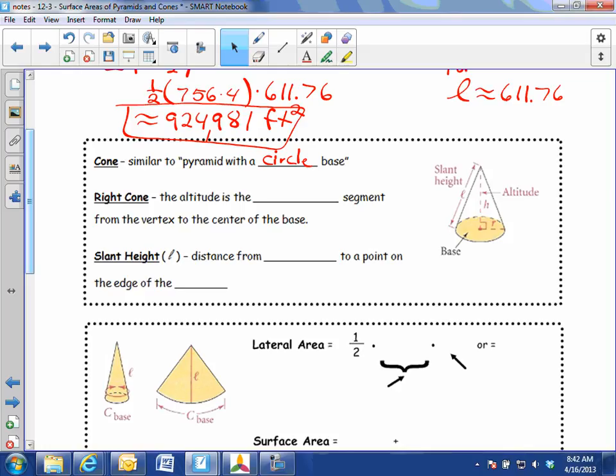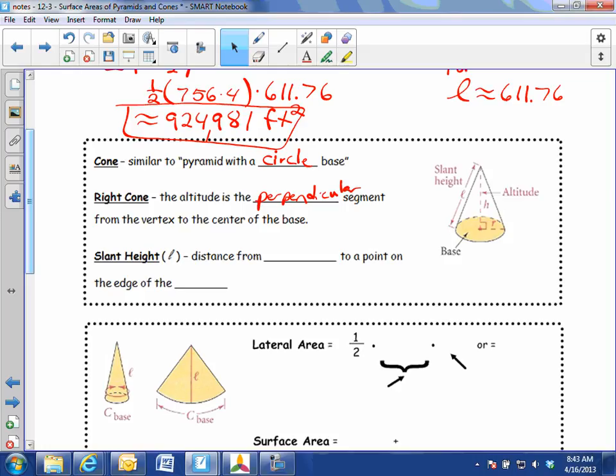So in a right cone, the altitude is the perpendicular segment from the vertex to the center of the base. Just like we were talking about with our pyramid, we're looking from the top to the middle.